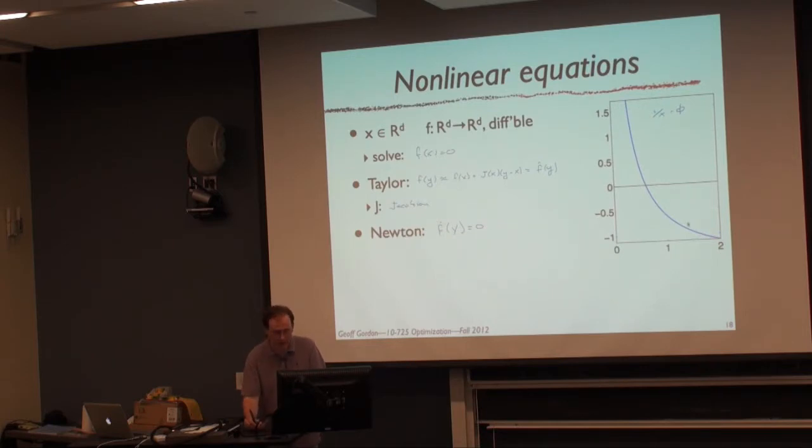So if we start here at x equals 1, and draw the Taylor approximation, that's going to wind up being 1/1 minus phi, so that's 1 minus phi, plus the derivative. f prime is equal to minus 1 over x squared.